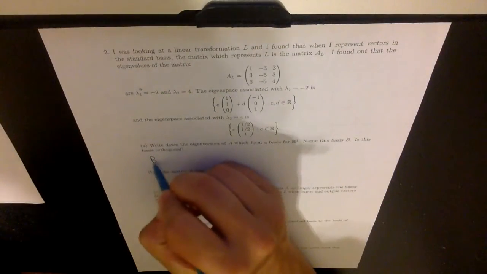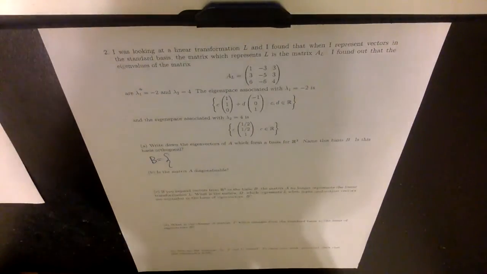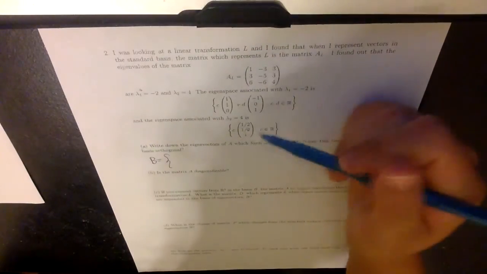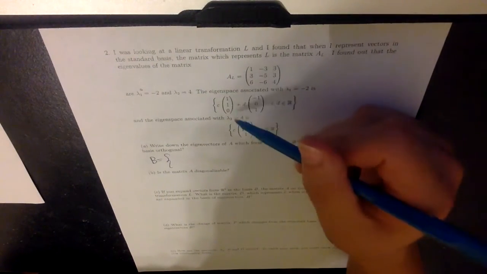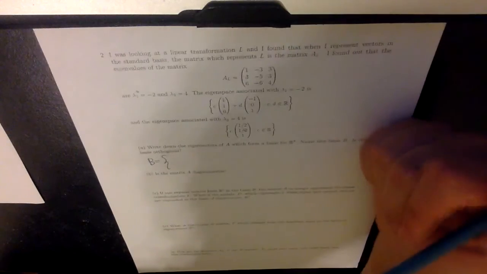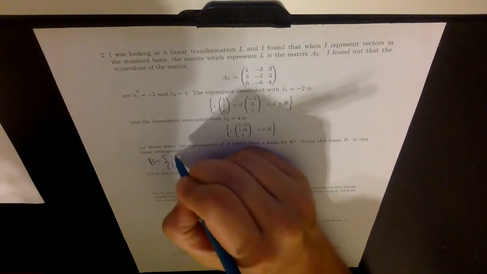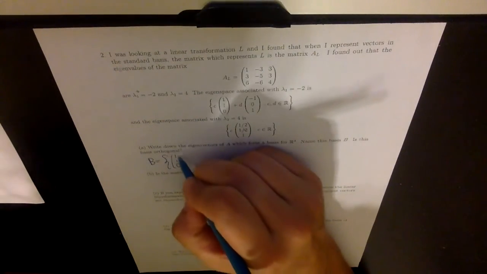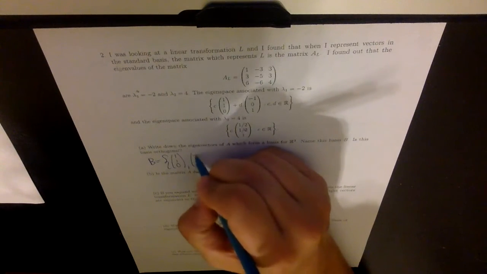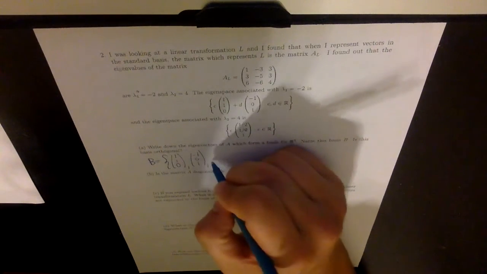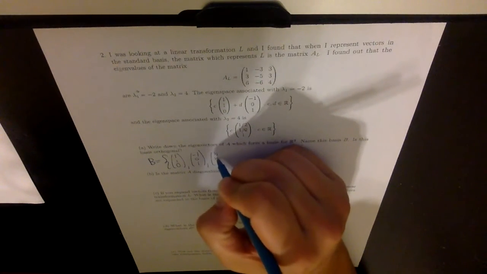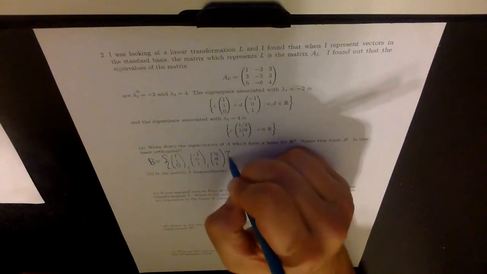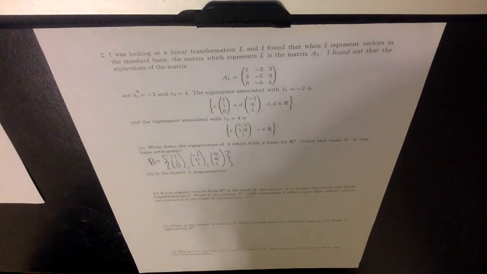Okay, so the basis of eigenvectors, we're going to take these three eigenvectors and we should check that they're all linearly independent, and they are. 1, 1, 0, negative 1, 0, 1, 1/2, 1/2, 1. Okay, so there's my basis of eigenvectors.